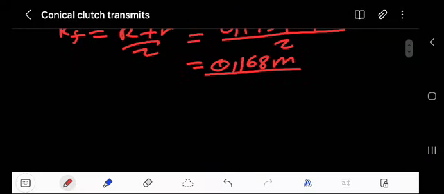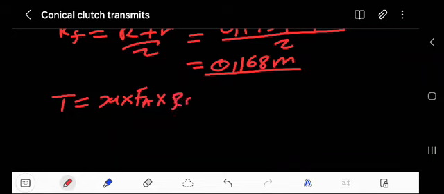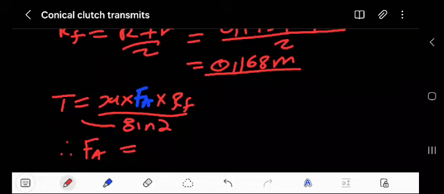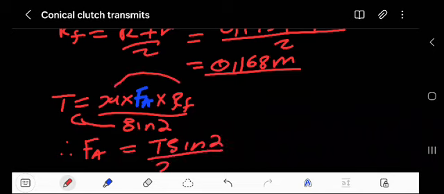Remember, the force you take from the equation of the torque: torque equals coefficient of friction multiplied by axial force multiplied by RF, divided by sine. If you make F the subject of the formula, F equals T times sine of that angle, divided by coefficient of friction times RF.